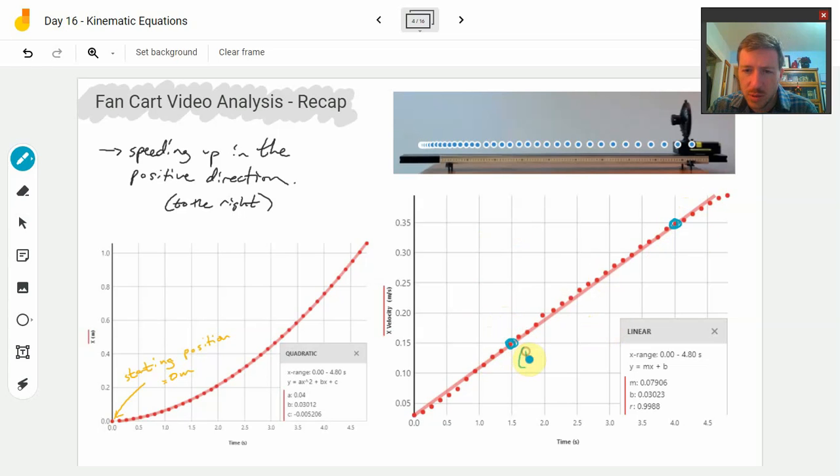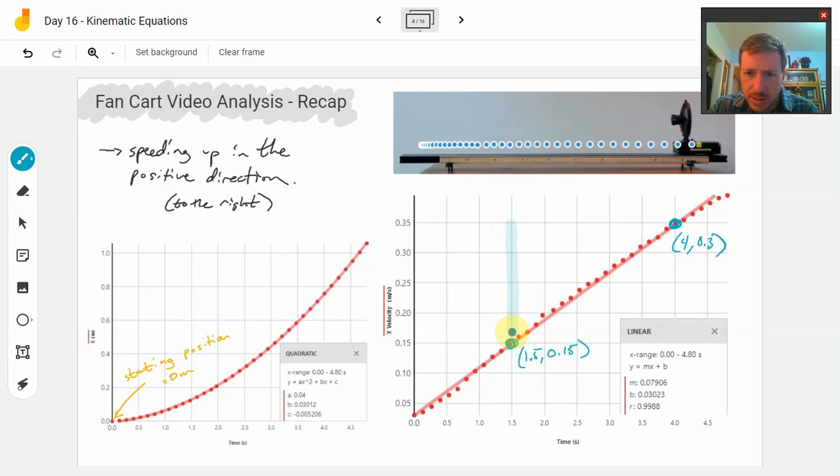Here this point is 1.5 seconds by 0.15 meters per second. And this one is 4 seconds by 0.35 meters per second. So we can calculate our rise over our run.